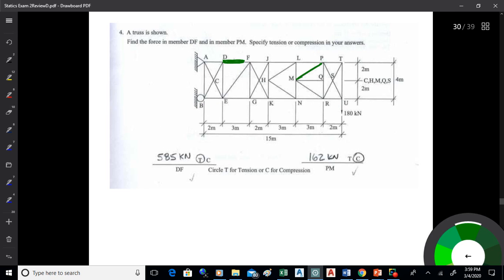That's that one. All right, so I'm going to scan this thing over. I'm going to look for zero force members. Do you see any zero force members on that one? Maybe MQ, yeah. Do you see at Q how that's zero? Because that's an unloaded T at point Q. Do you see that at M?